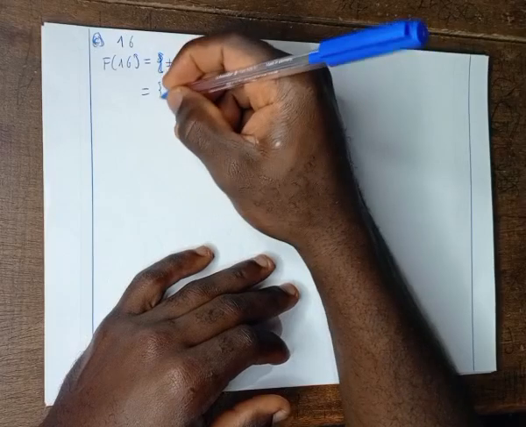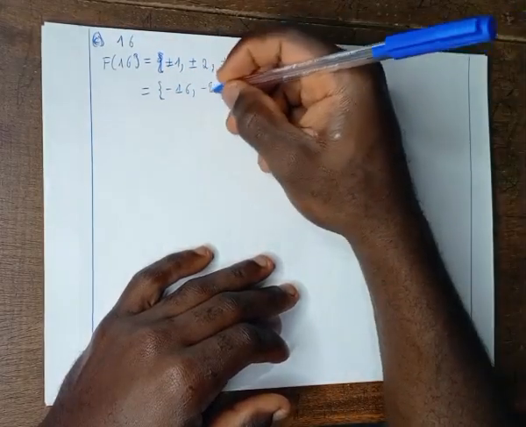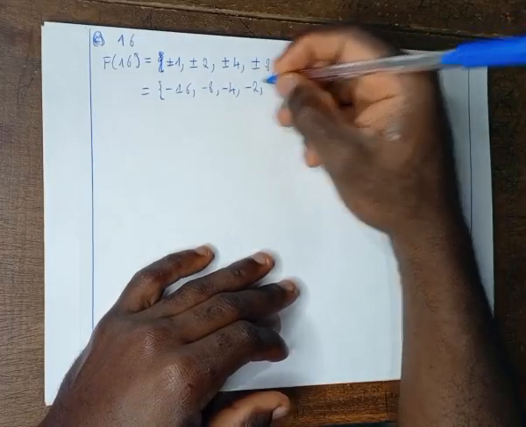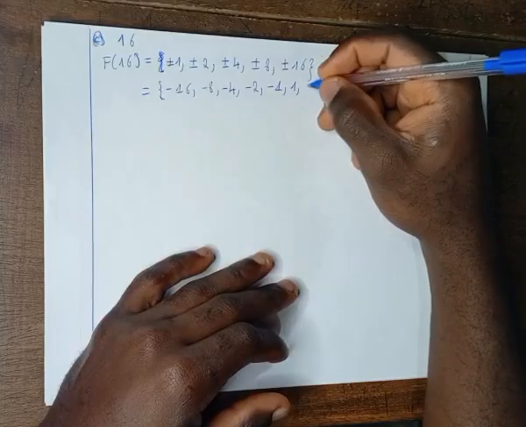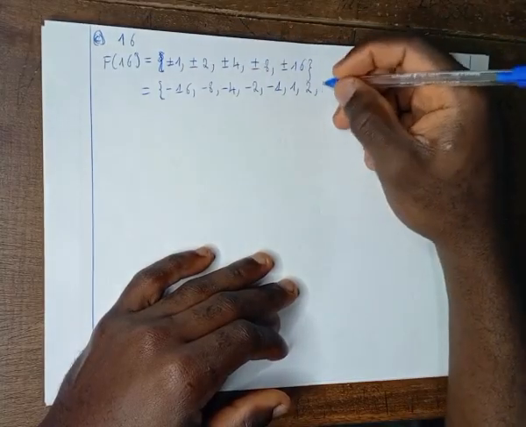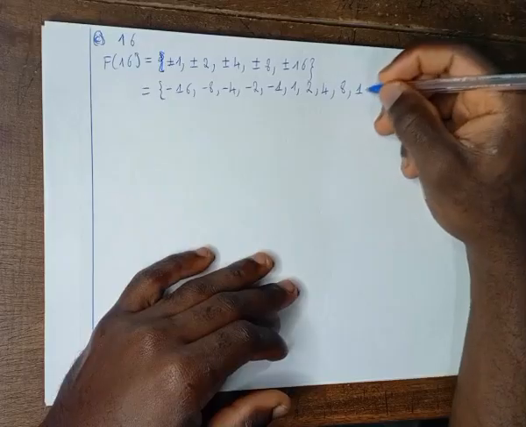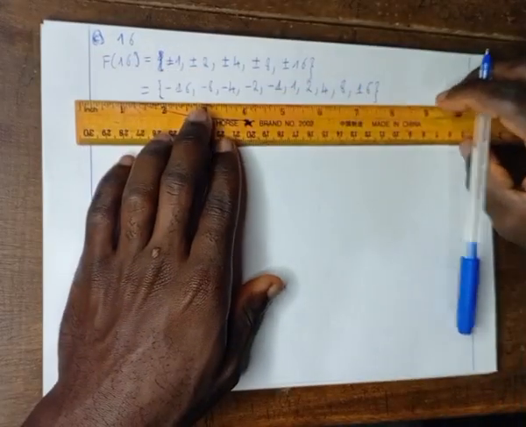So this will simply be equal to -16, -8, -4, -2, -1, 1, 2, 4, 8, and lastly 16. These are the factors.